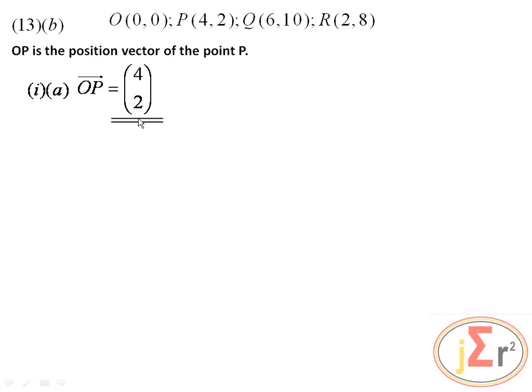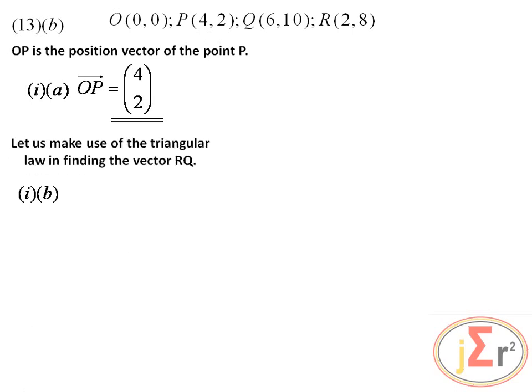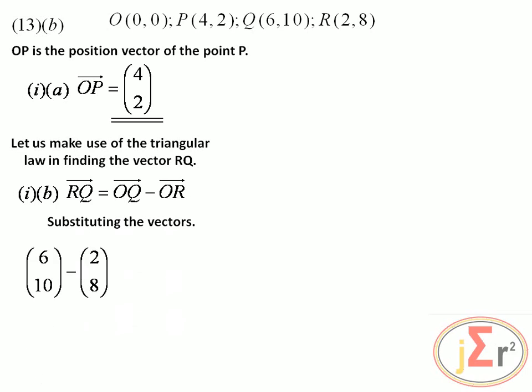That is the position vector of P. Let us make use of the triangular law in finding the vector RQ. What is RQ equal to by triangular law? RQ is equal to OQ minus OR. Substituting the vectors, this is what we get.